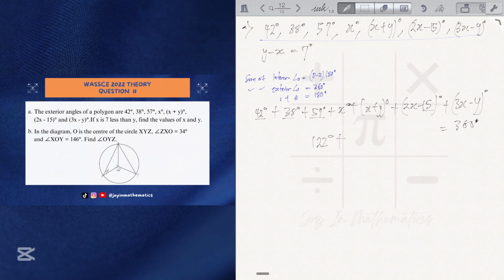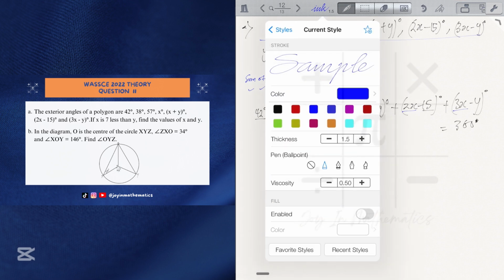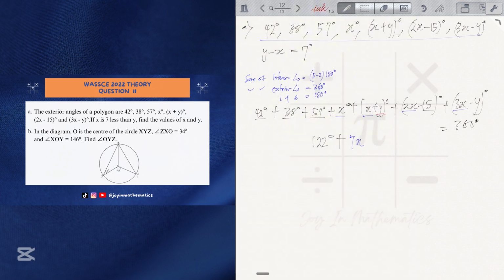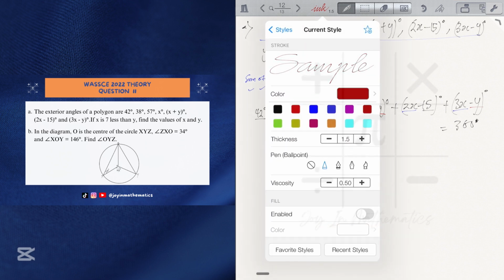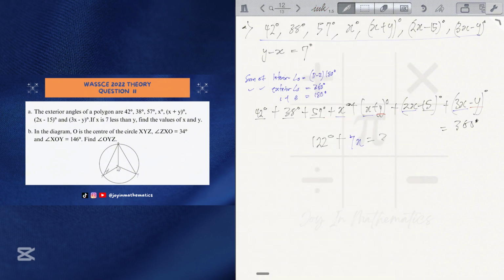So how many x do we have? x, 2x, and 3x. So that's x plus 2x plus 3x, and that will give us 7x. And how many y do we have? y minus y. So y minus y is nullified, and we are left with the total equal to 360 degrees. So with this, we can find the value of x.